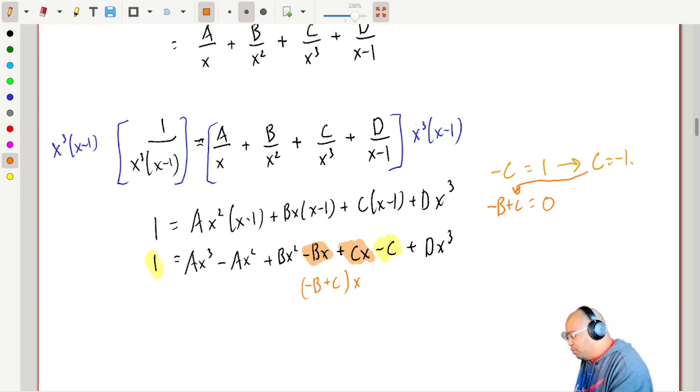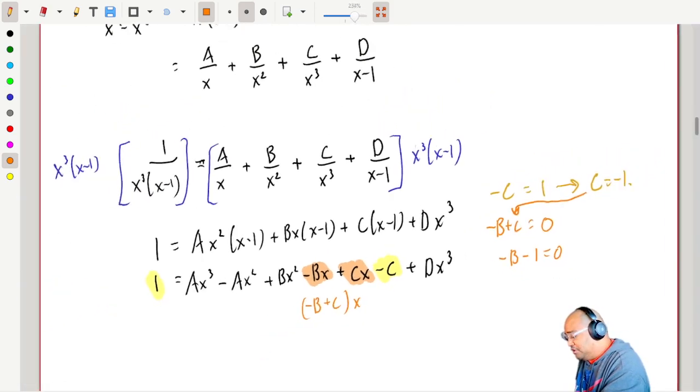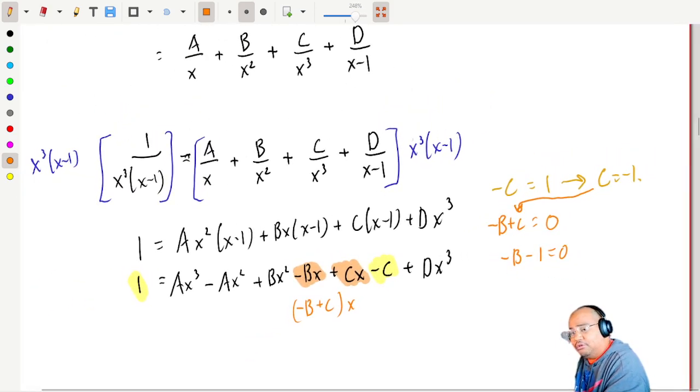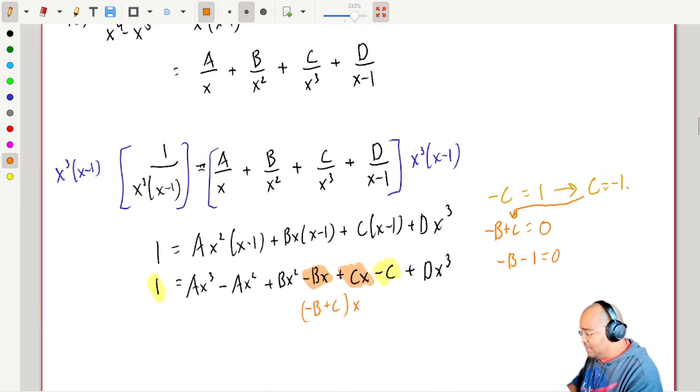So going back here, we get negative b minus 1 is equal to 0. When I shuffle some things around, we get that b is equal to negative 1.